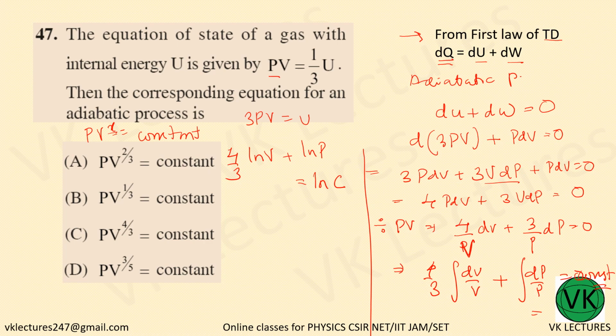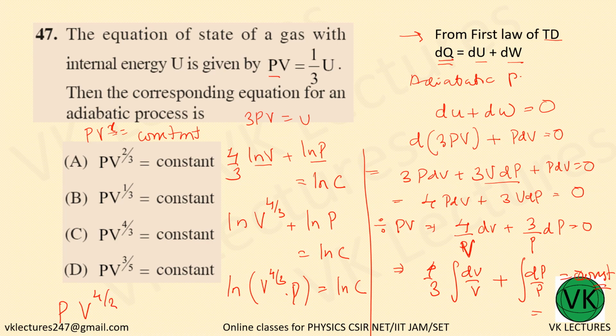So this is log V plus log P. Now this is nothing but 4/3 log V plus log P equal to log C. We can write it as the log of the product, log of A into B. So log of V power 4/3 into P equal to log C. Now cancel out the log on both sides, so PV power 4/3 equal to constant.